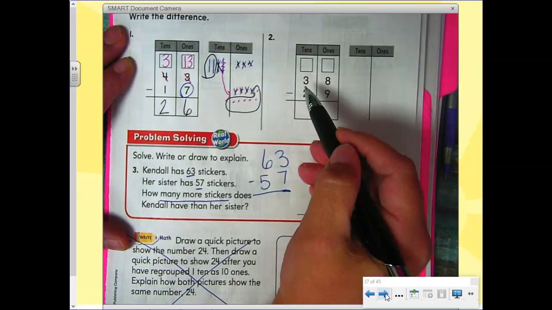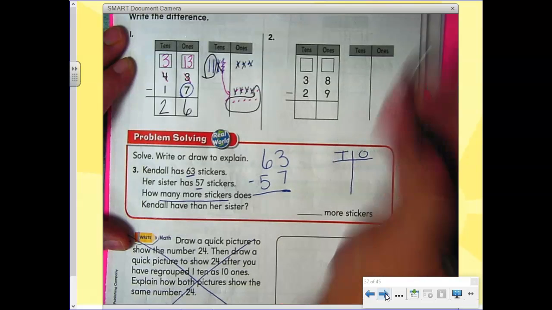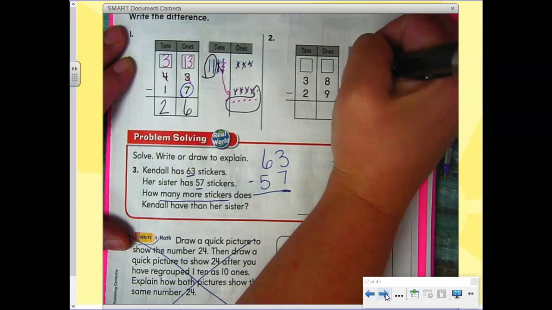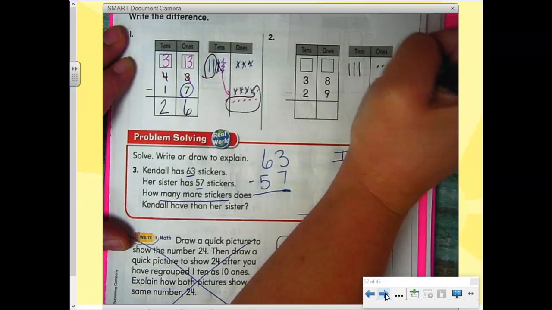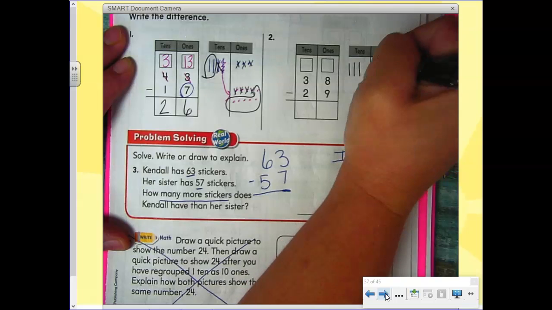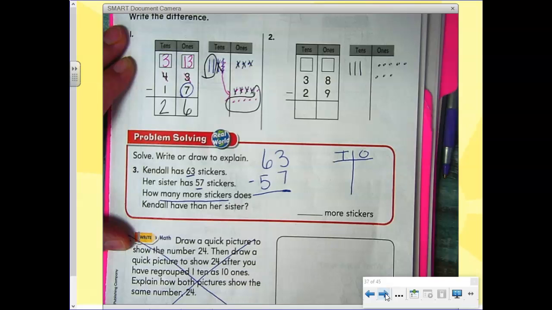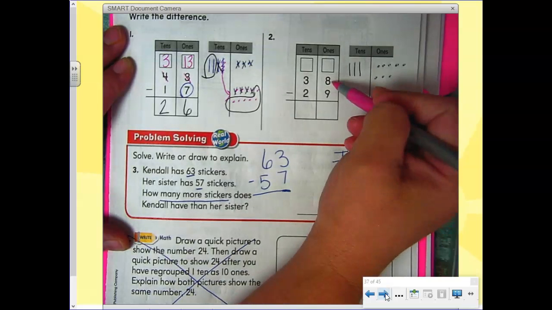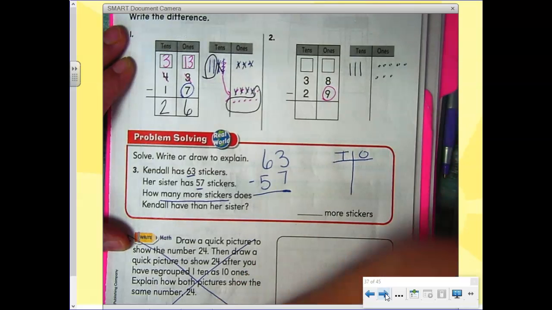All right, next problem, 38 minus 29. So I have 38 over here. You should have had 3 tens and 8 ones. 1, 2, 3, 4, 5, 6, 7, 8. Now, when I look at my problem in the ones column, 8 minus 9, I notice that my big number is where?